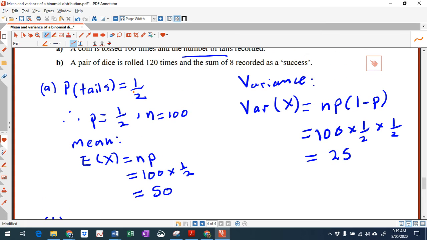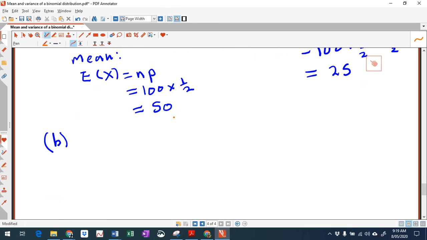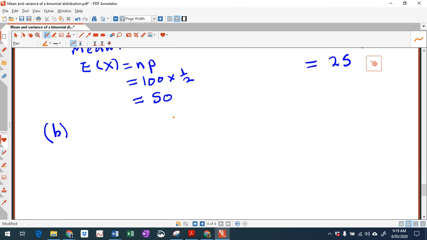Okay, so a pair of dice is rolled 120 times, and the sum of 8 is recorded as a success. Okay, so the sum of 8. Now, all together, we could do a little table here, but what are the possibilities for getting 8?